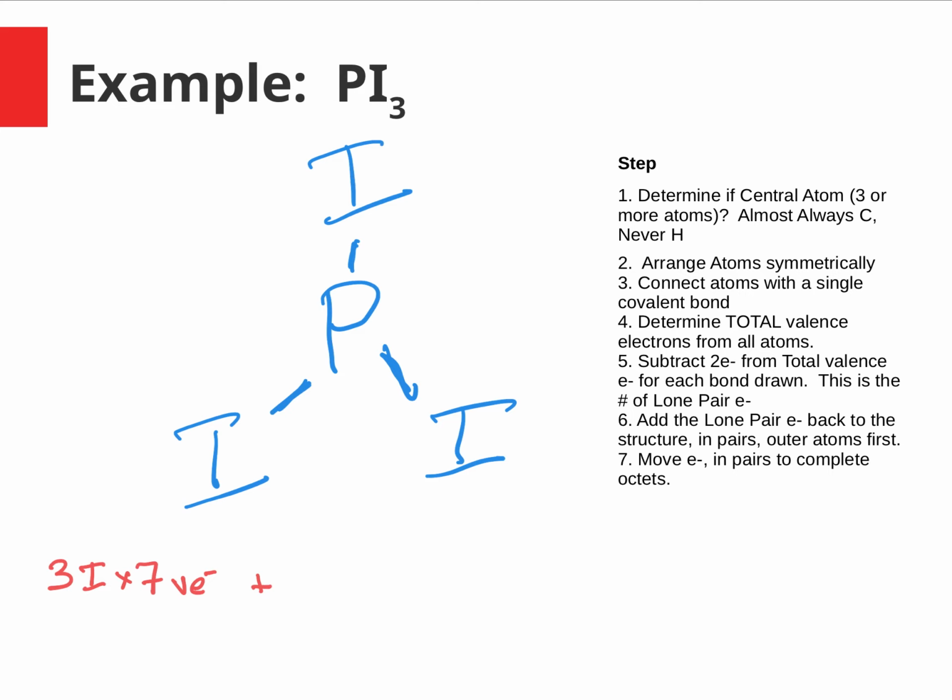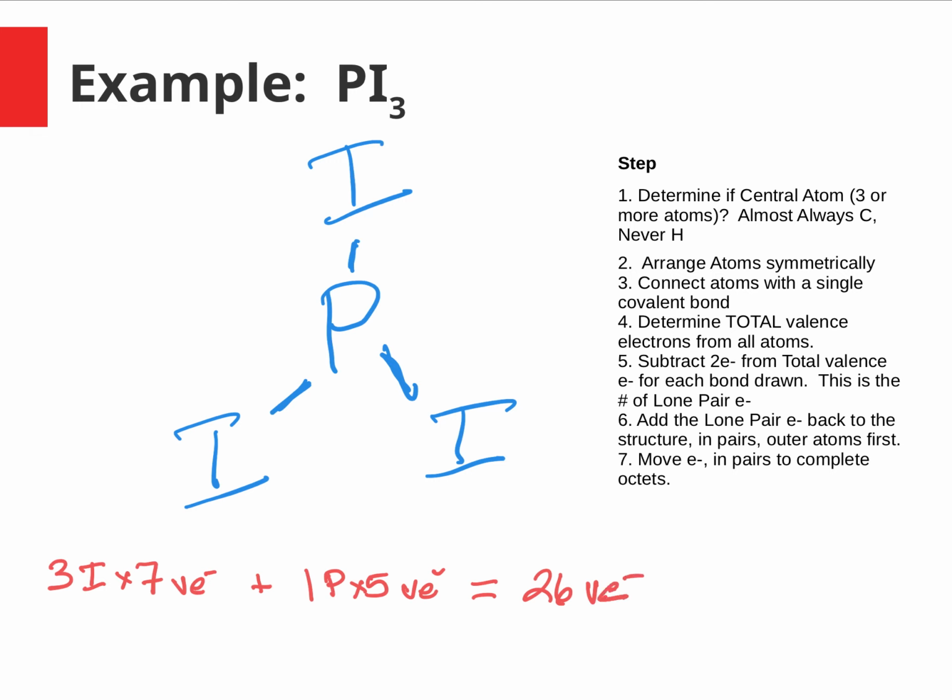Then we add the phosphorus, 1 phosphorus times 5 valence electrons. So the total is 3 times 7 is 21, plus 5 is 26 valence electrons.